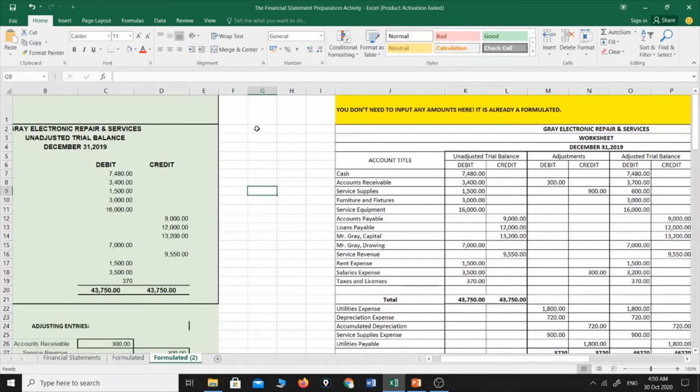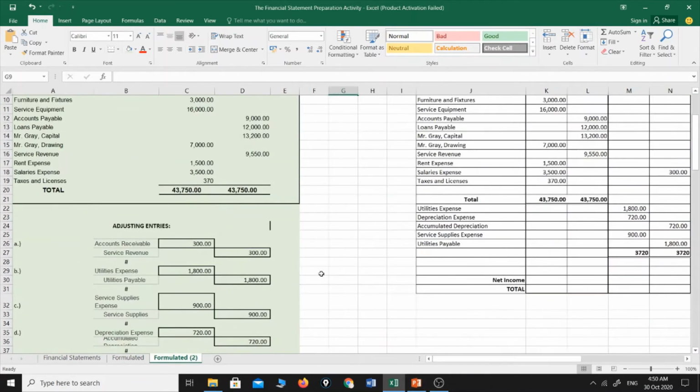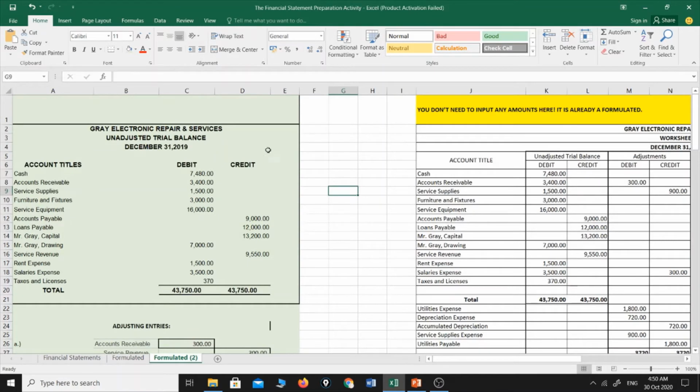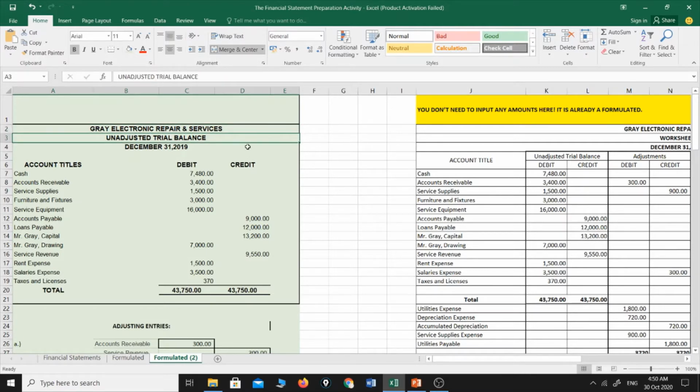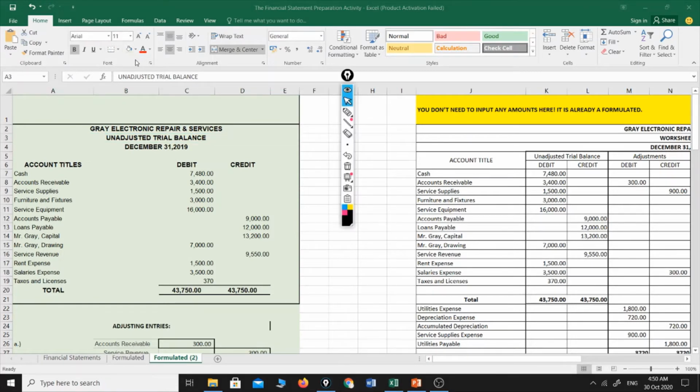This is a given, also from our previous discussion of electronic repair and services. We've already done the journal entries and prepared an adjusted trial balance. So this time, we're going to make a worksheet before preparing the financial statements.